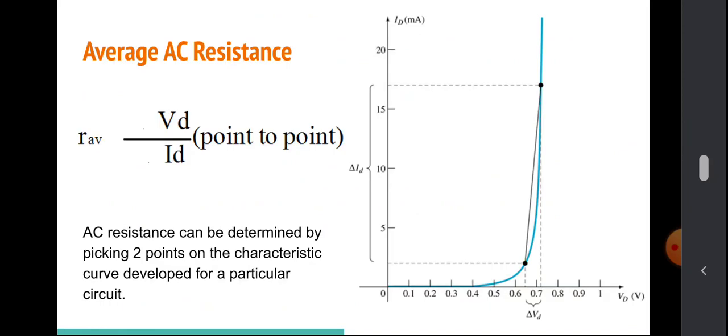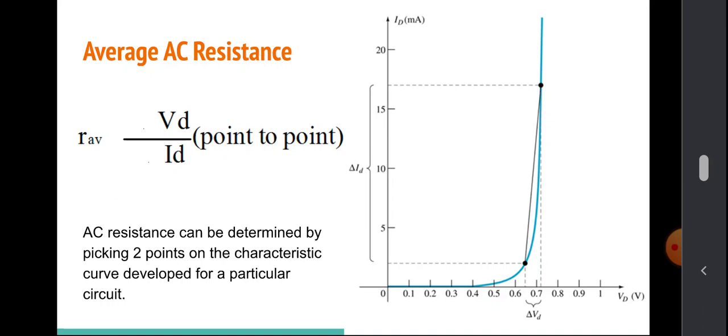Okay, average AC resistance. The symbol of the average AC resistance is R with the subscript of AV equals V sub D divided by I sub D. That is point to point. So AC resistance can be determined by picking 2 points on the characteristics curve developed for a particular circuit. In this figure, there are 2 points shown.